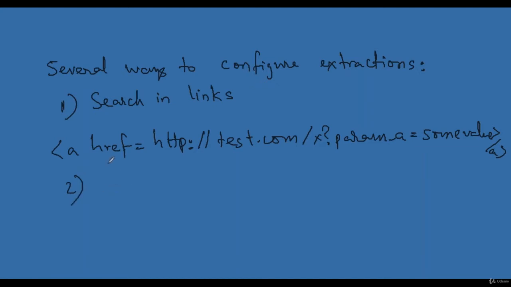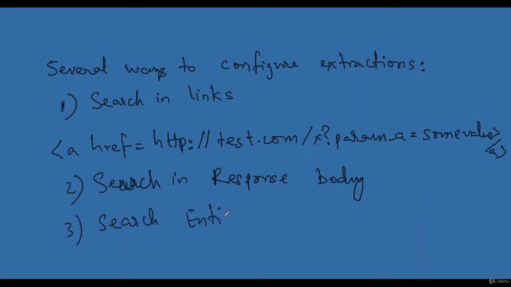The other way would be to search in response body. The response body, the HTTP body data which comes from the server, ASM will search there to see if there are any dynamic parameters. Or you can configure search entire form.